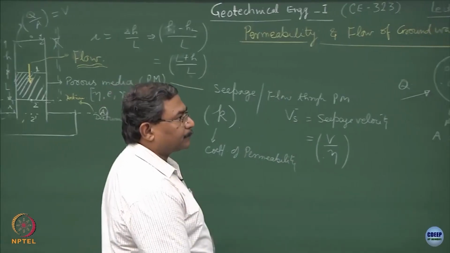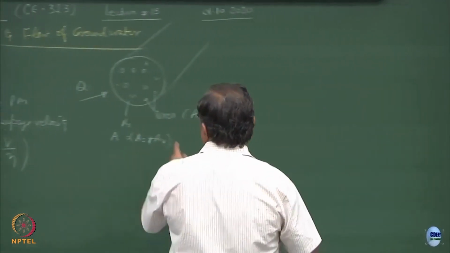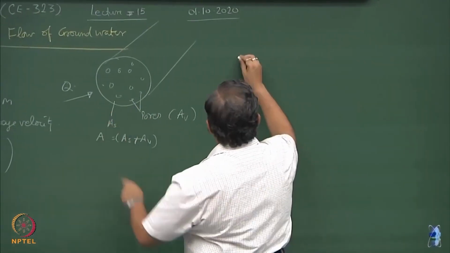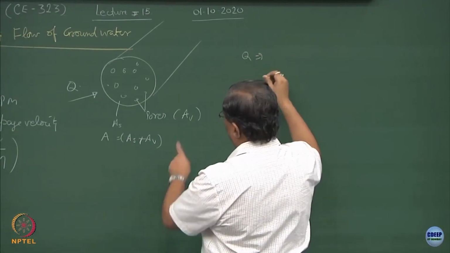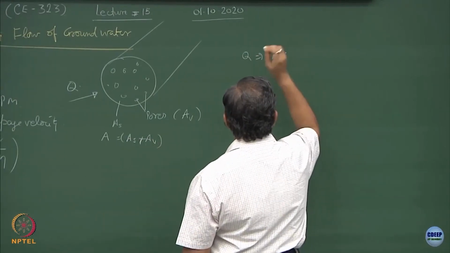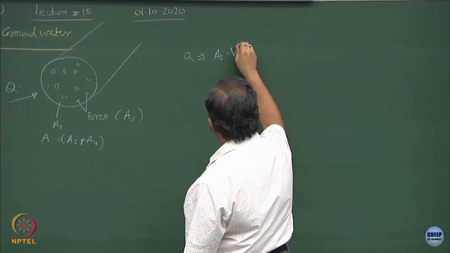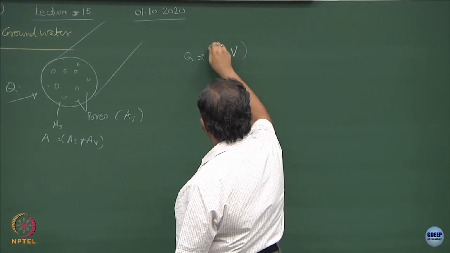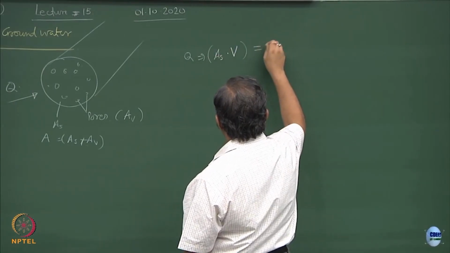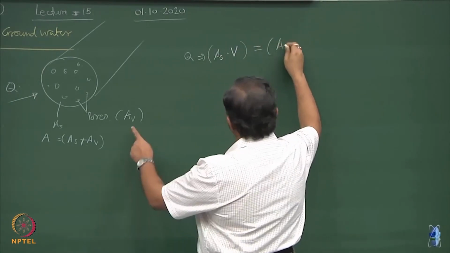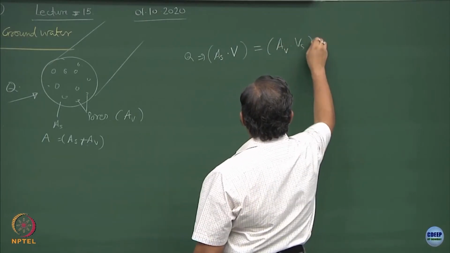Is this okay? So, if I say that Q is equal to A multiplied by V, is this okay? And this will be equal to area of pores multiplied by seepage velocity.